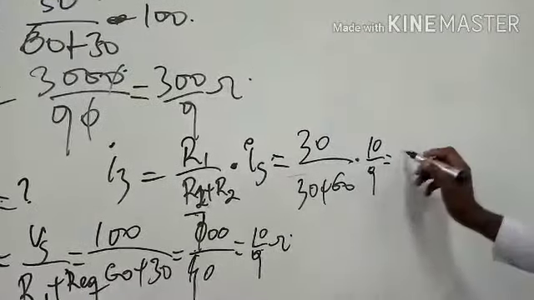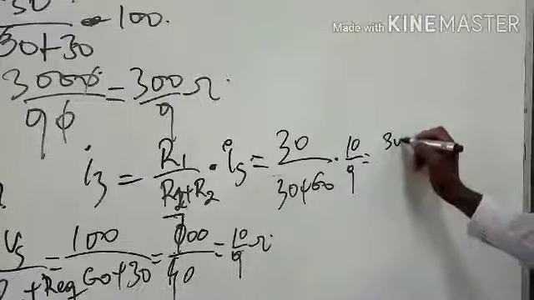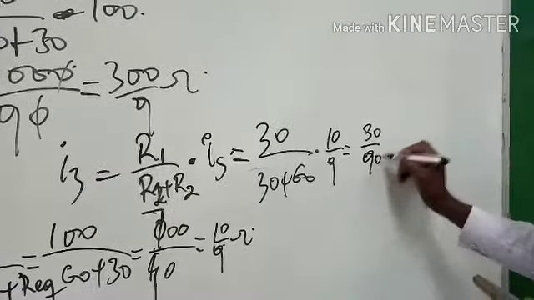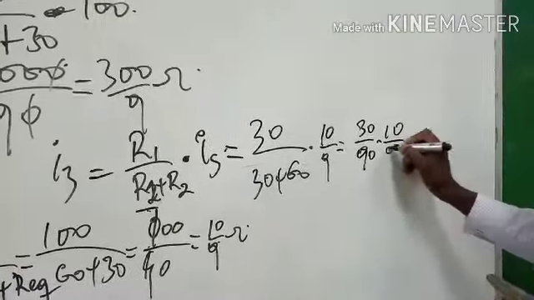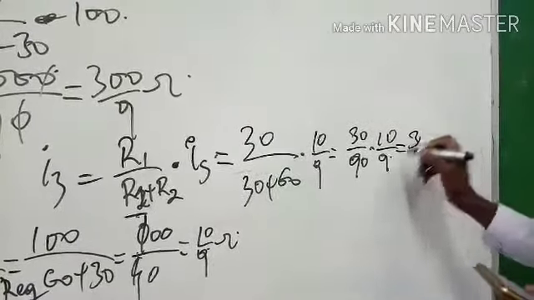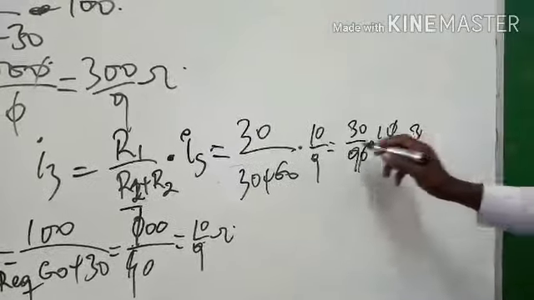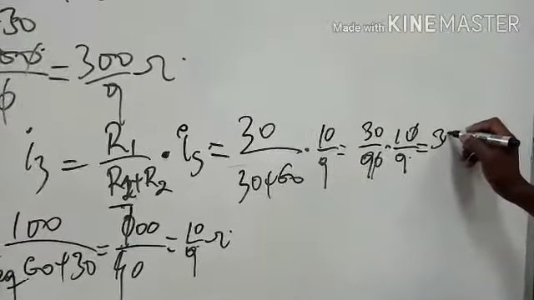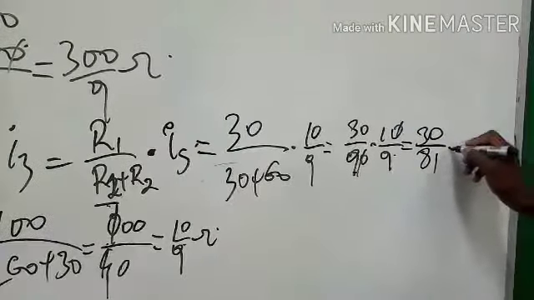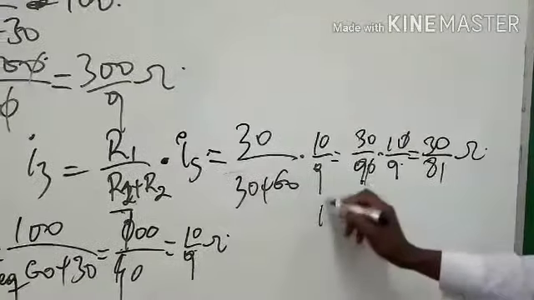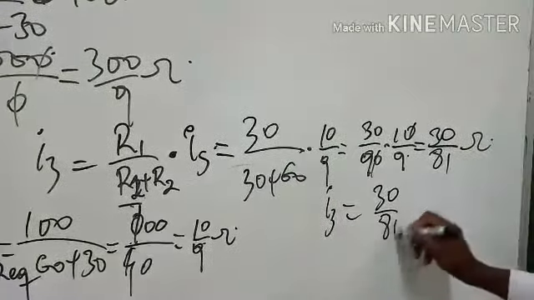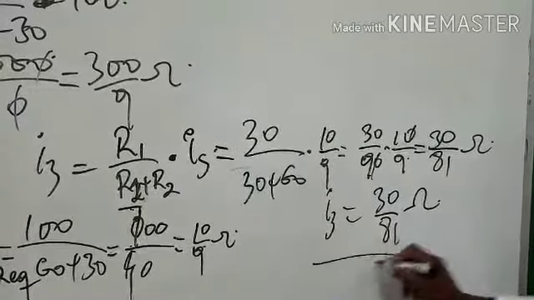Then this will give us 30 over 90 times 10 over 9. Then here we get 30 over 81 ohm. This is current free, equal to 30 over 81.